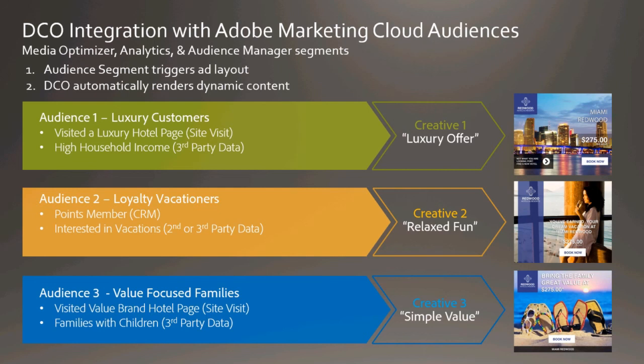We know from third-party data that they're families with children. So we may have a different ad layout or dynamic template that we want to use for this user. So Adobe has created a deeper connection to data and audiences to deliver relevant, personalized ads.